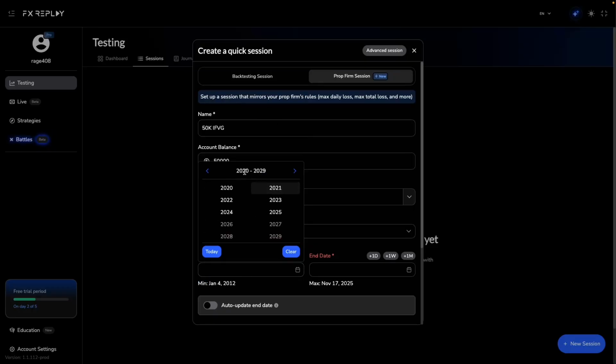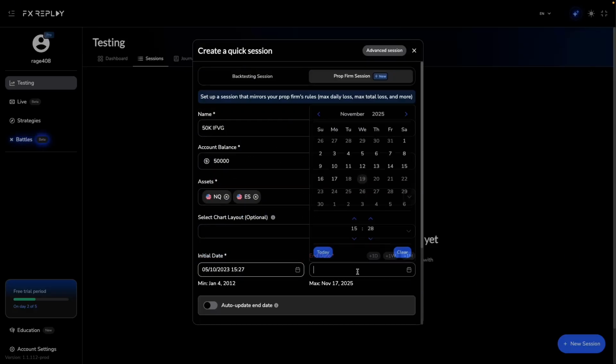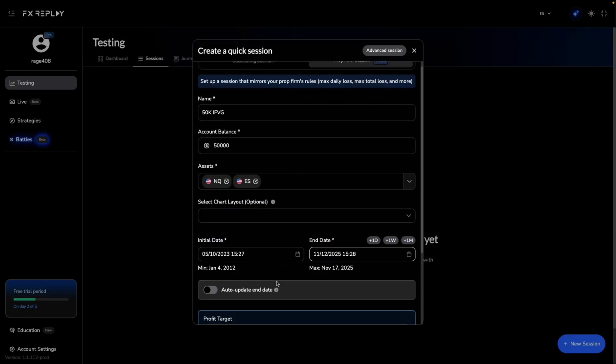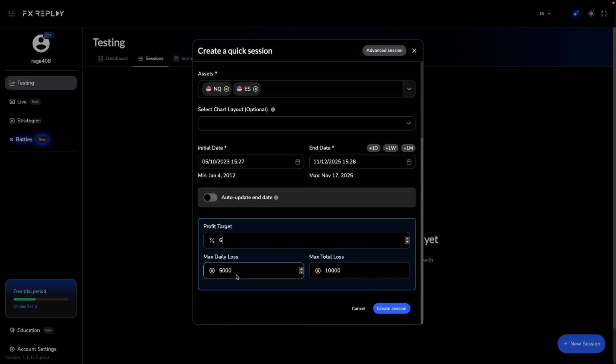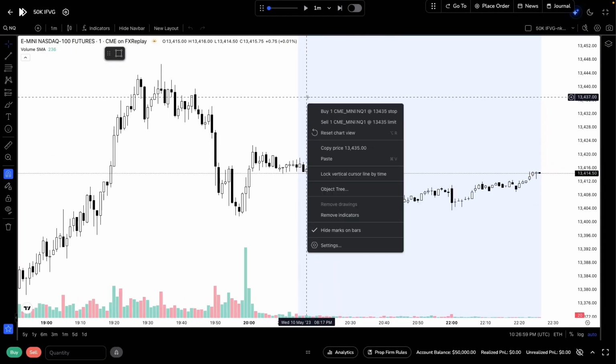We'll do May 2023, 10, 6 2000. Yeah, I don't like the chart, to be honest.